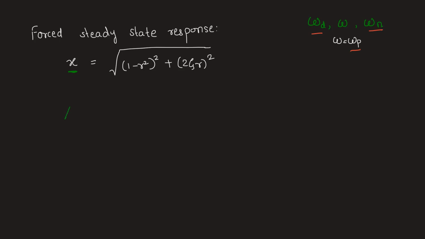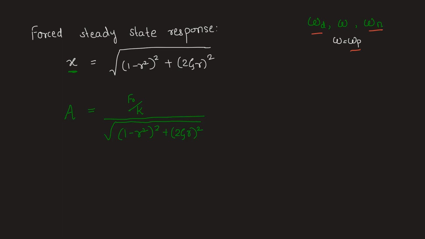It is the amplitude of the response that is maximum, which is given by A equal to, for a forced single degree of freedom system, F naught, the amplitude of the external force, upon stiffness of the system K, divided by this term x, which is the steady state response: under root of (1 minus r square) square plus (2 zeta r) whole square.